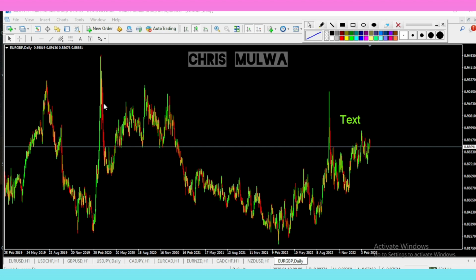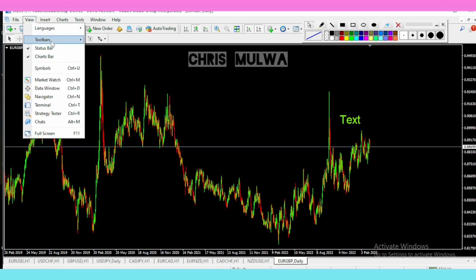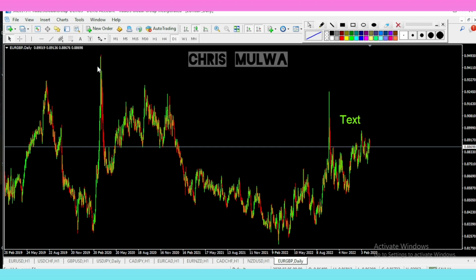So we must use a breakout strategy on a small time frame, that is either hourly chart or 15 minutes. Okay, we are on time frames.